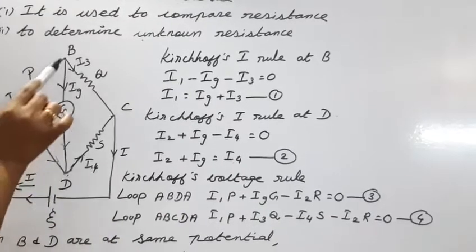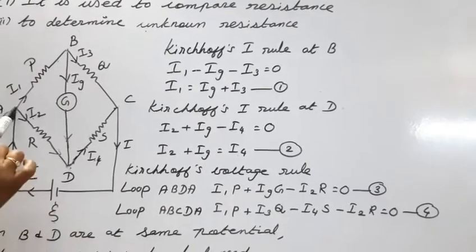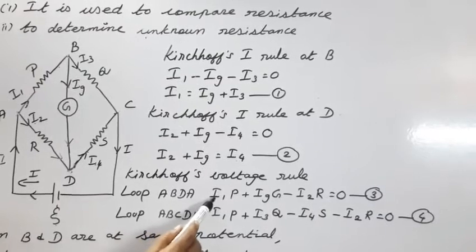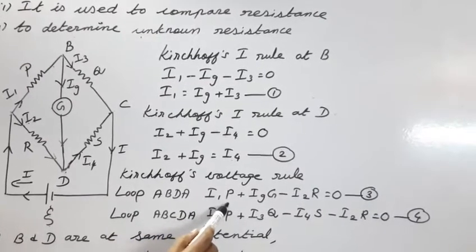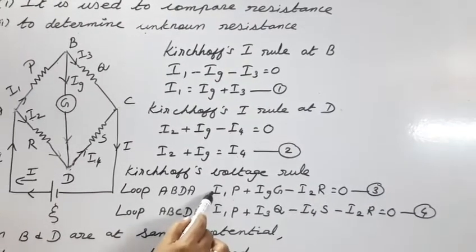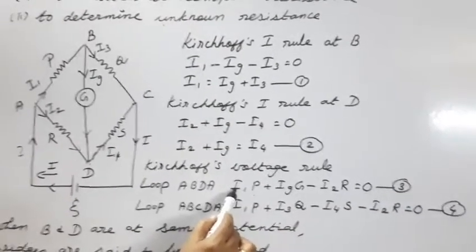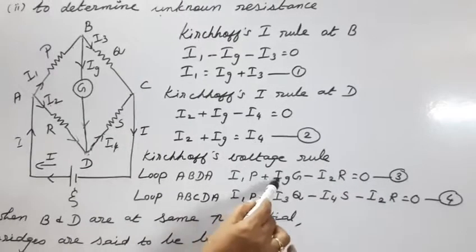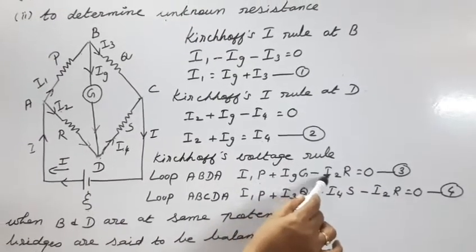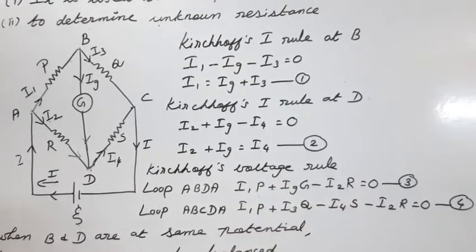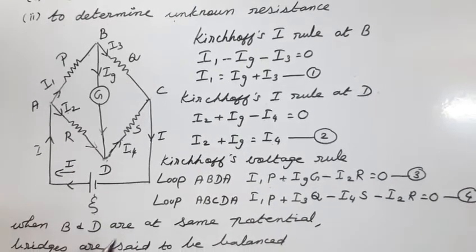And next we apply Kirchhoff voltage law. First we consider the loop ABDA. Here we write the algebraic sum of the product of current and resistance. So I1P plus IgG minus I2R equals 0. This is the third equation.